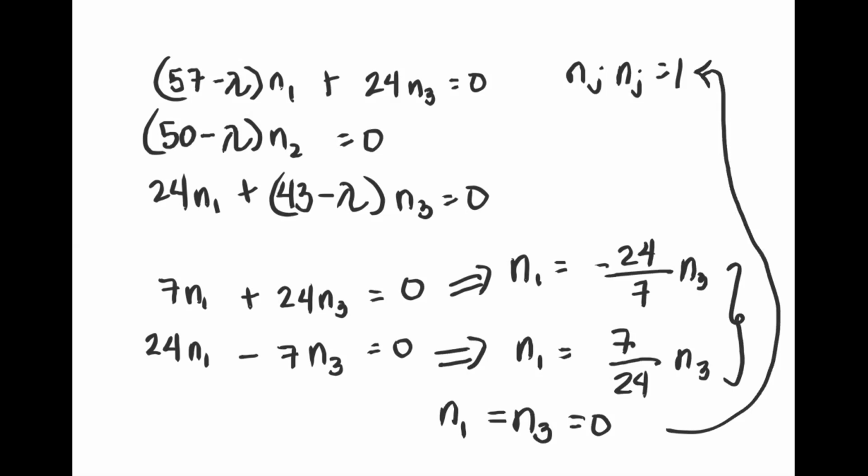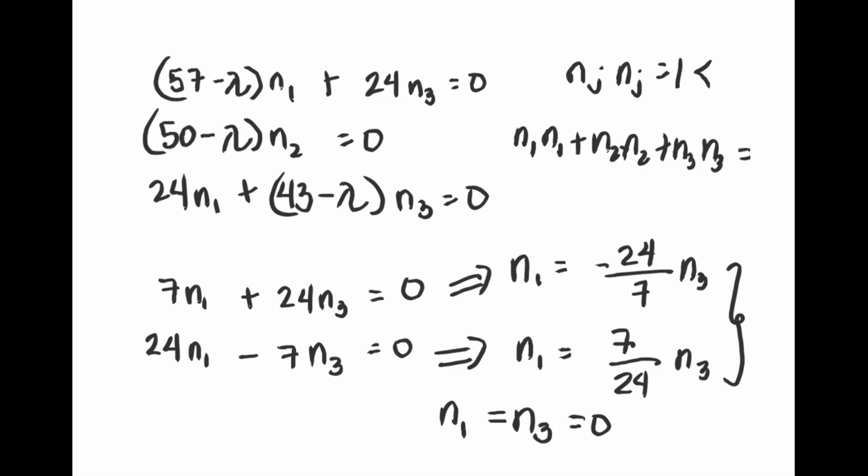So I know that n1 n1 plus n2 n2 plus n3 n3 equals 1. Right? But this one is 0. So I am left with n2 should be equal to 1.